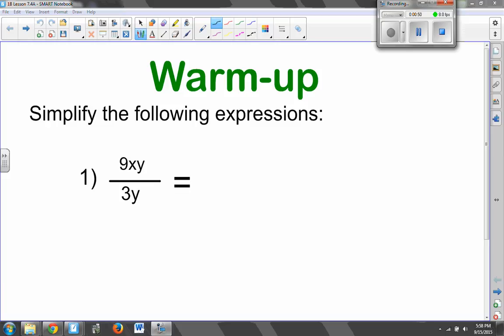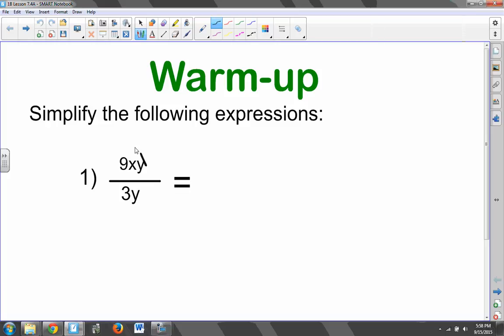The first thing that I see in both the top and the bottom is the y at the end of my 9xy and after my 3. So I'm going to cancel both of those out, and now I have 9x over 3.